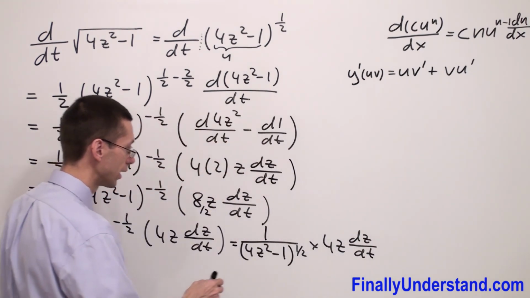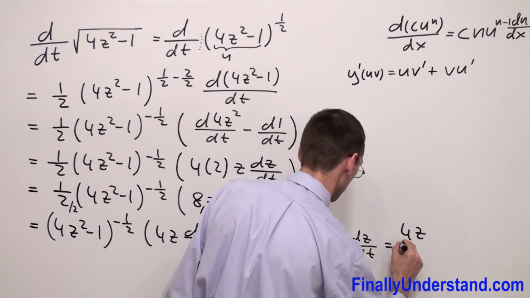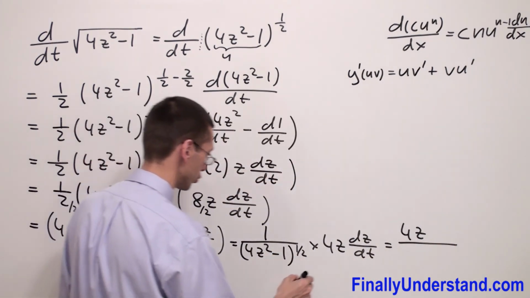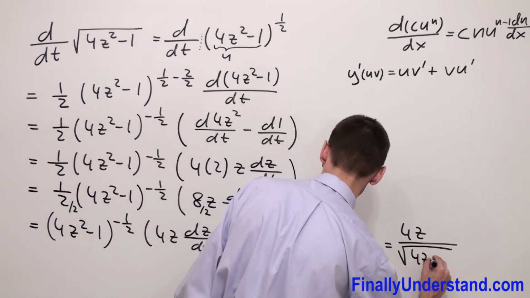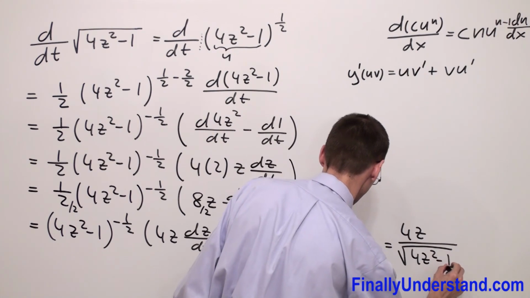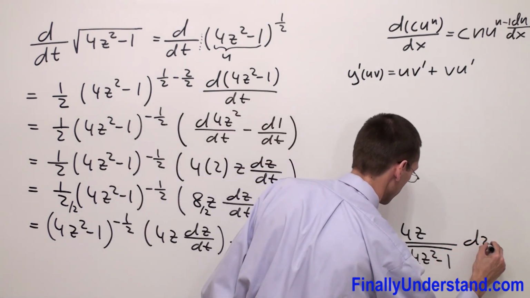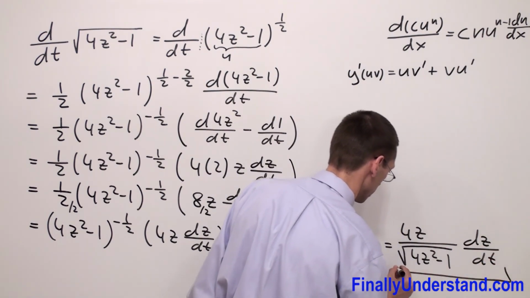Okay, so you can rewrite this as 4z over, exponent 1/2 you can convert to square root, so square root of 4z squared minus 1, and I have dz over dt. And this is my solution to the problem.